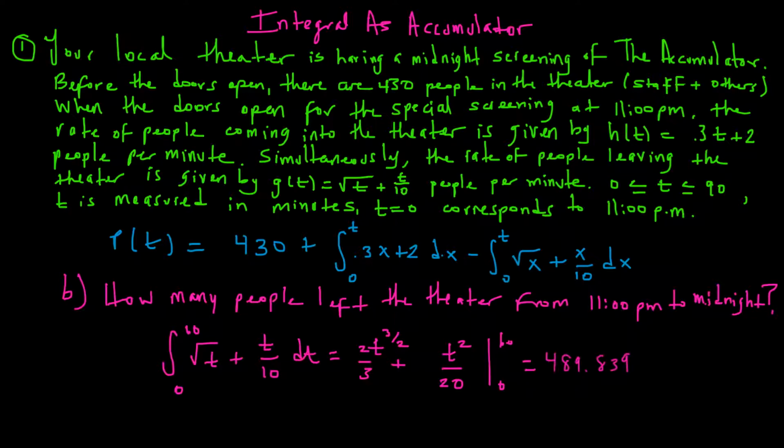However, these are people. You can't have 489.839 people. And so then usually we round up and we say that's 490. Now on the AP test, they'll tell you how they want you to round that. They'll say to the nearest person, I guess. So this is 490. Now you have to use units because this is an accumulation problem.